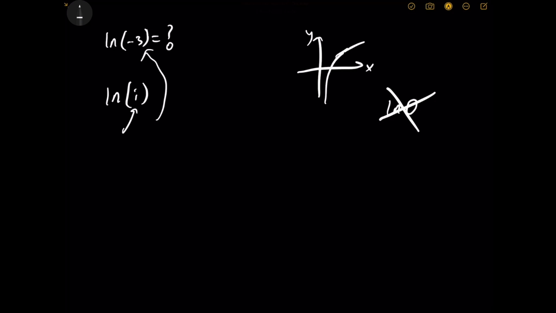If you bring complex numbers into play, then you can take the natural logarithm of a negative number and the result is going to be a complex number. It's going to have a non-zero imaginary part. And in this video I will show how that is doable. So let's try that.